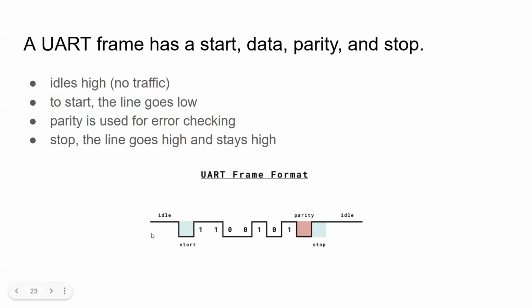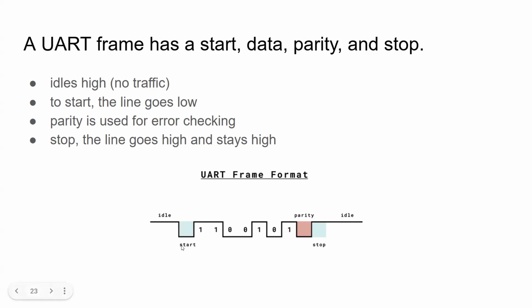This has historical purposes, really. The main one is that in order to determine if the line is dead or not, we like to see some kind of positive voltage on the line just to make sure that it's up and running. So a lot of communication protocols will idle high.